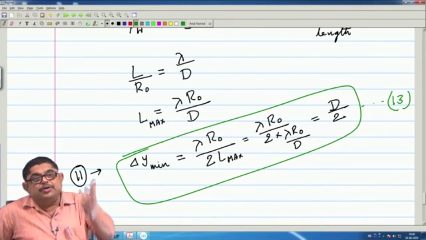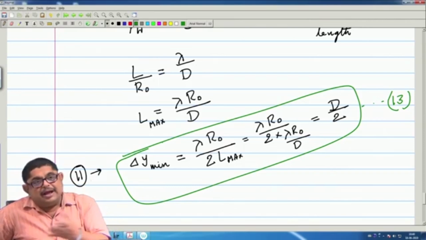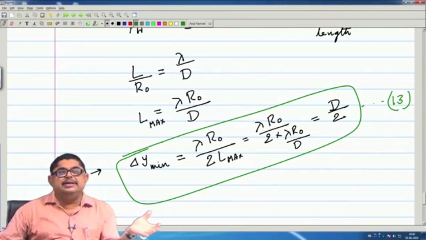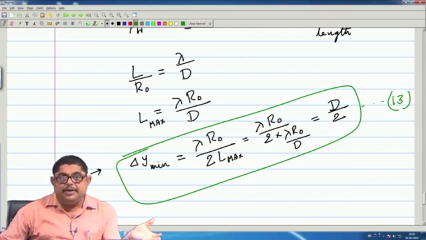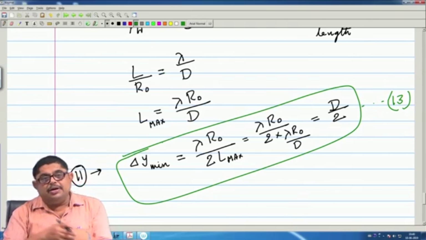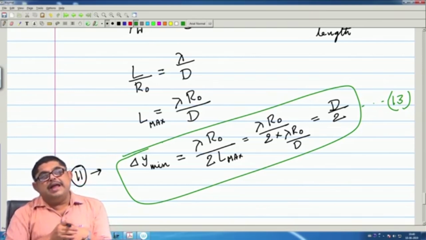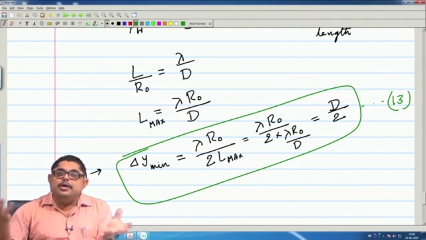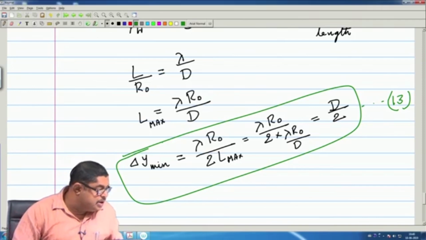You cannot go on reducing L. We synthesized the antenna because we wanted a larger antenna, but resolution we cannot beat that. So, resolution will be half of the size of the antenna, but still that is a very good value and people are using it.